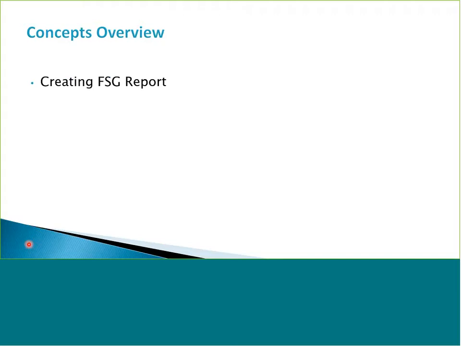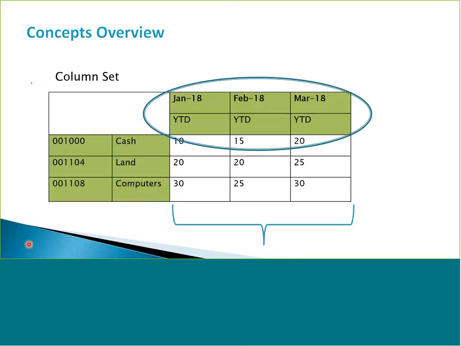In our previous lesson, we saw how to create a row set, which is one of the mandatory features of an FSG report, the other one being a column set. So in this lesson, we are going to see how to create a column set in order to generate an FSG report.